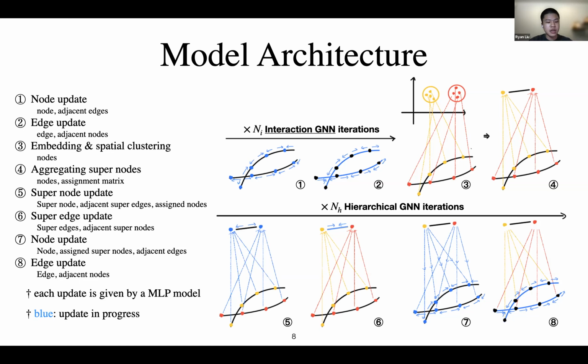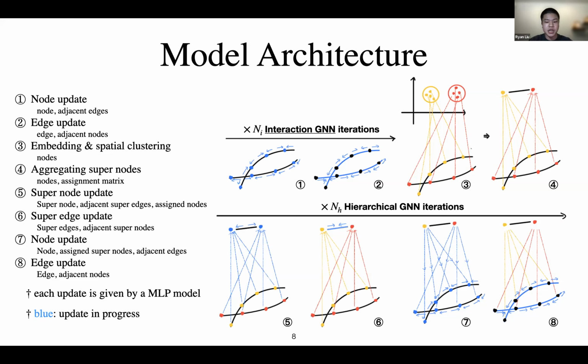And care must be taken here to maintain the sparsity and the differentiability of the supergraph, because typically the algorithm is not differentiable. So now we have an assignment matrix S and the supergraph adjacency matrix, and they are both sparse and differentiable.